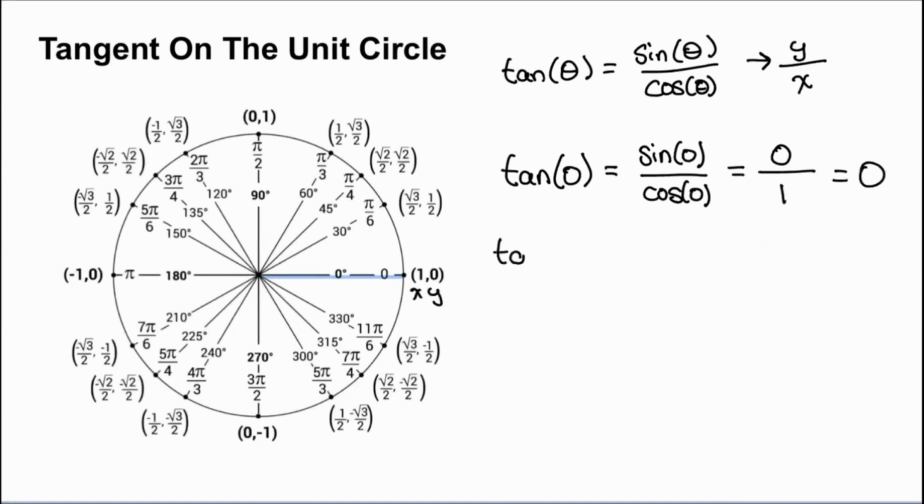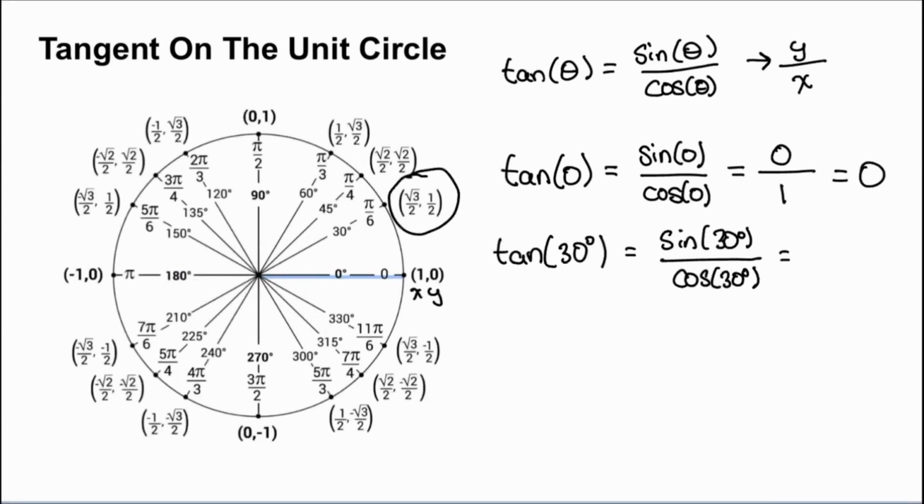We can also look at tangent of 30 degrees. I'm going to specify the degrees because that's important. This is going to be equal to sine of 30 degrees over cosine of 30 degrees. Now we're going to look at this set of coordinate points, this being our x and this being our y. We're going to have the y on top with the sine.